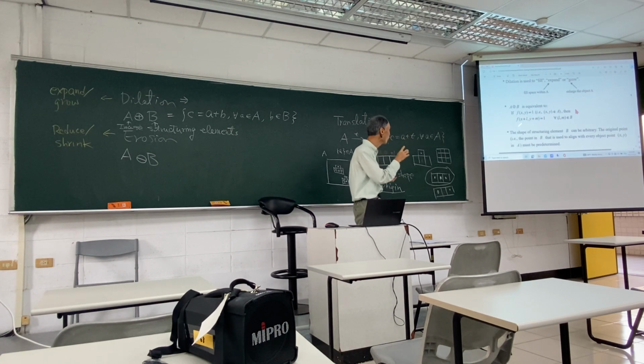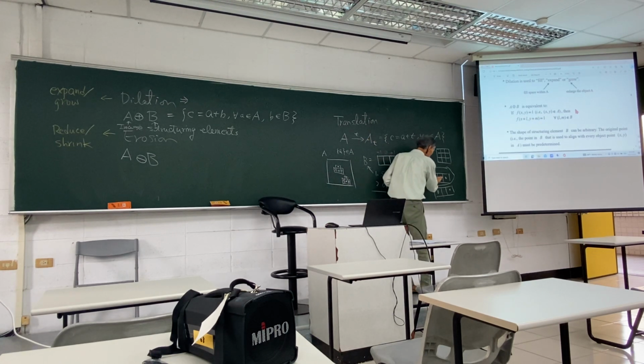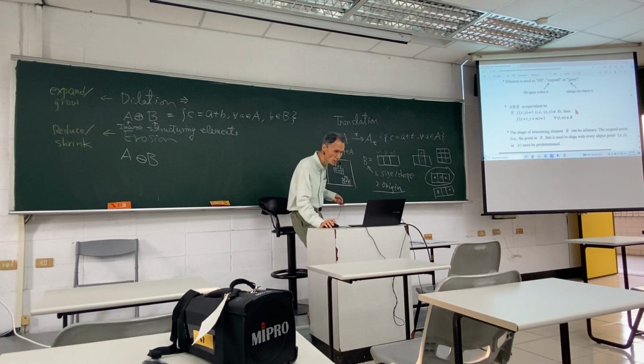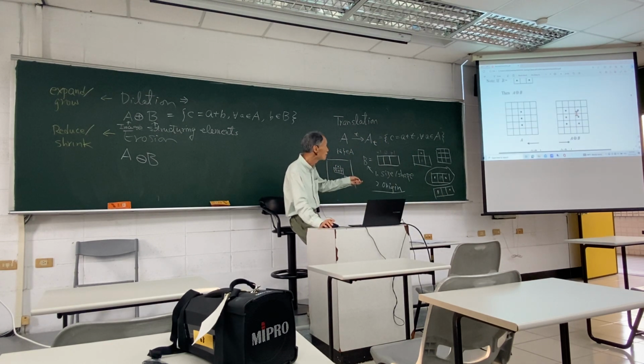This fails just for some structuring element like this. It won't work. But as I mentioned, practically, we don't set up a structuring element like this with the origin as a background point. Usually we don't do something like that, because for this case here, usually we just want to expand in its neighborhood.